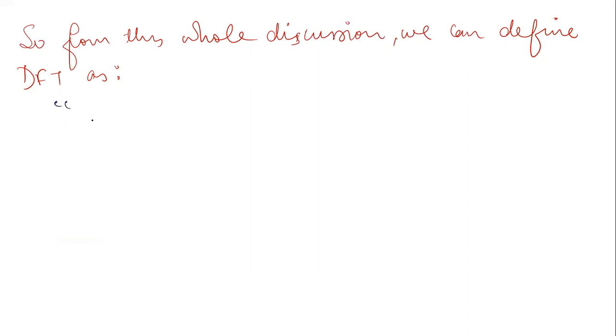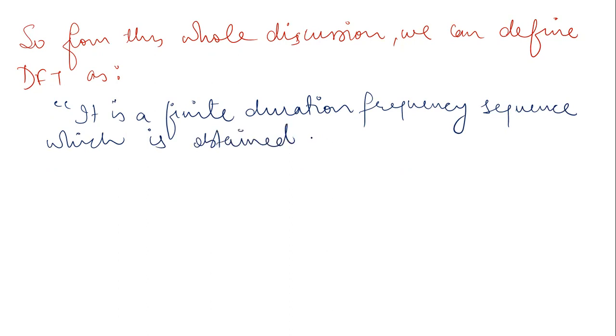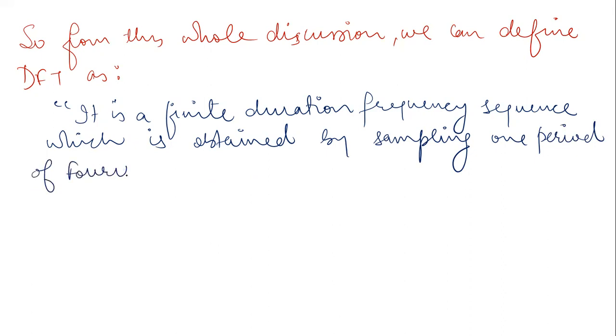Write the definition: it is a finite duration frequency sequence, finite because we have obtained it from an infinite duration signal, which is obtained by sampling one period of the Fourier transform.